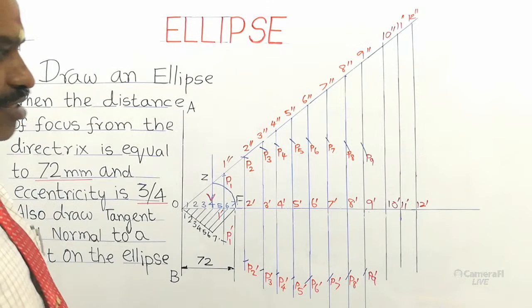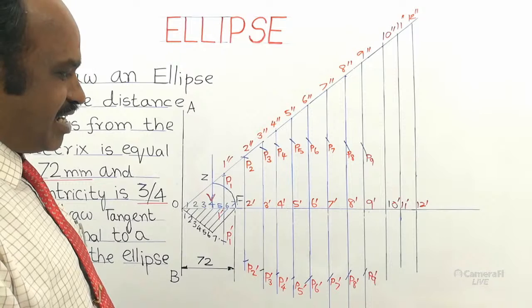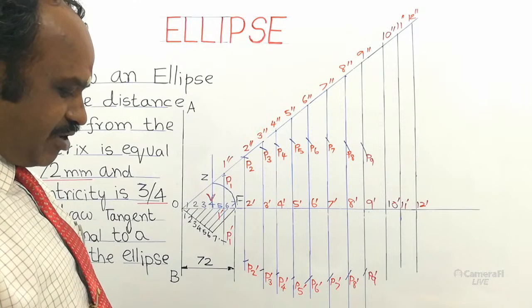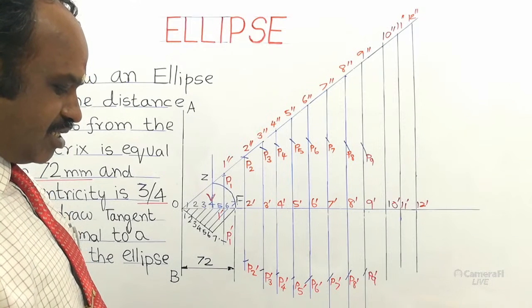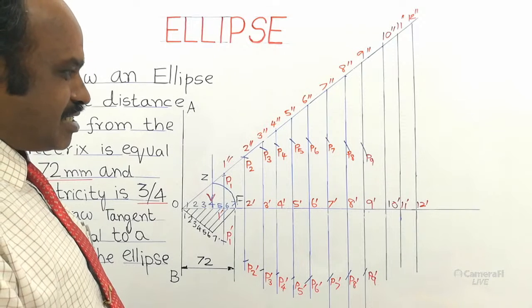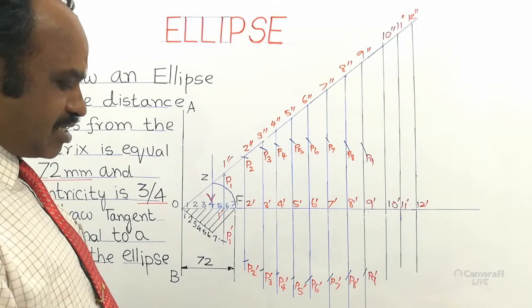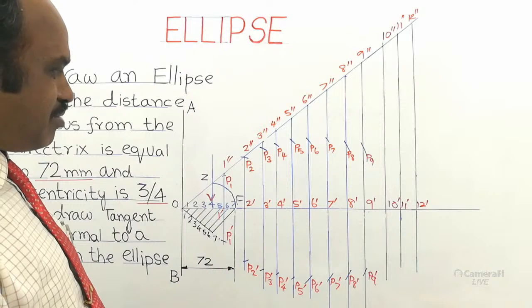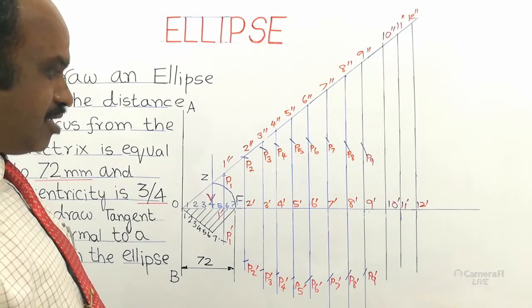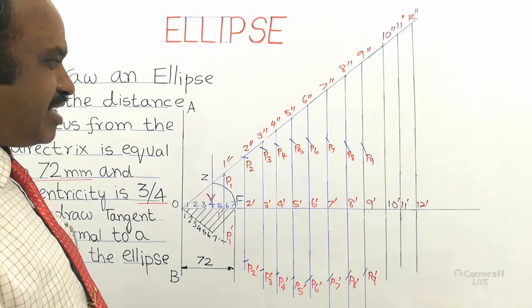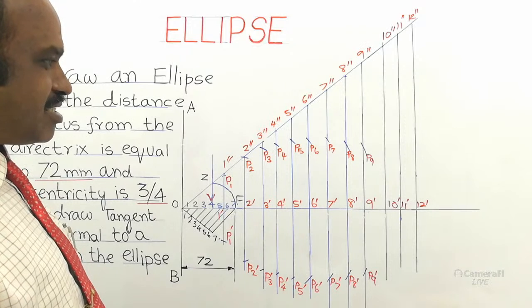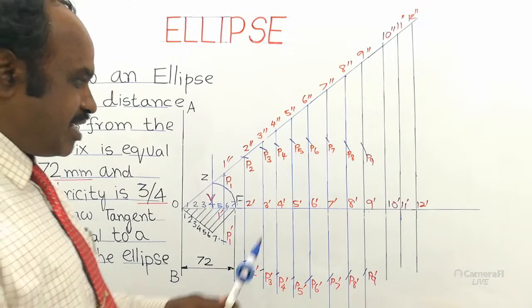The same process is repeated for all the vertical lines. For cutting the arcs, you have to locate point F as the center. Above and below the axis, cut several arcs. Those arcs are marked as P1, P2, P3, like that. Now I'm going to take the 10th vertical line distance, 10 dash, 10 double dash, in the compass.